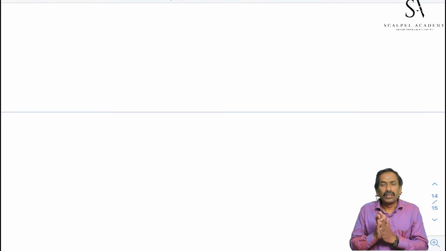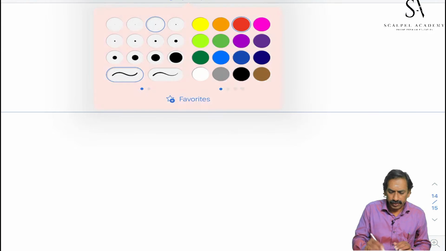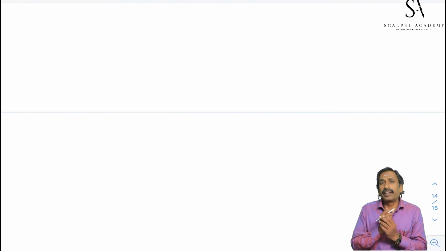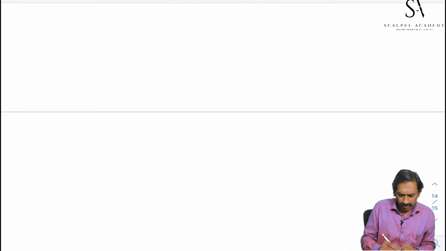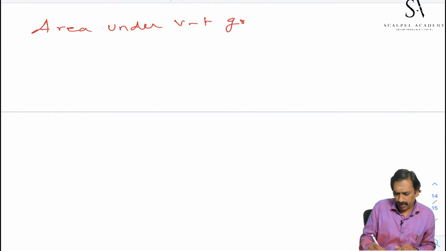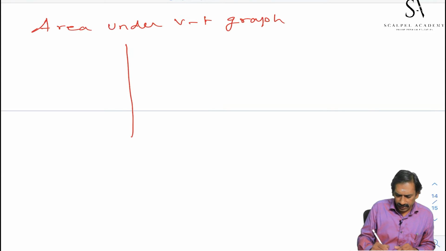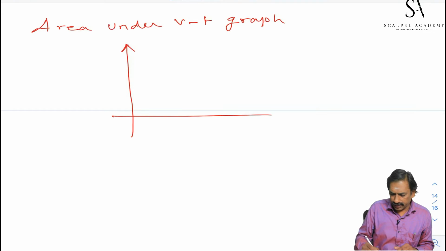Student, now we are going to learn one of the important points regarding the area under the VT graph, what it represents. So the graph is given like this.